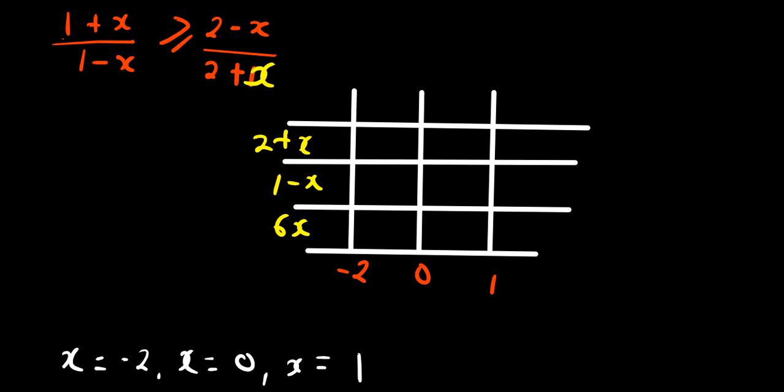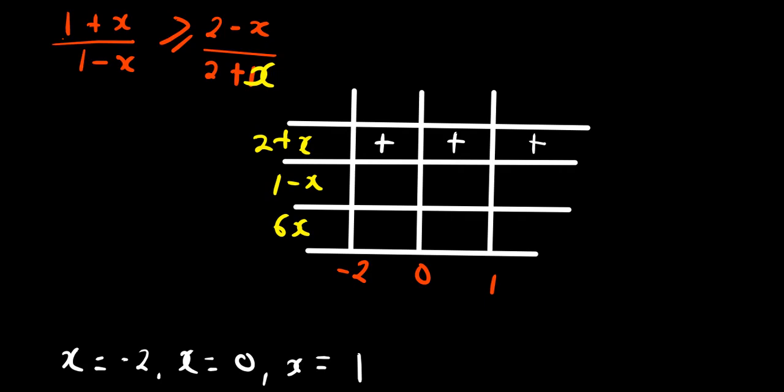If we choose any number that is greater than negative 2 and replace it in that equation, let's say 0, so you have 2 plus 0, that will give you a positive number. So all the numbers in this region from here will give you a positive. This one will be positive, this one will be positive, this one will be positive.